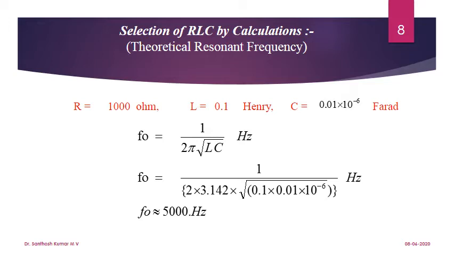If you substitute the values in the formula, F naught equals 1 by 2 pi root LC, so F naught equals 1 by 2 into 3.142 into root of 0.1 into 0.01 micro, that means 10 raised to power minus 6. The value of the theoretical resonant frequency is approximately 5000 Hz, based on which we will select the values from the AFO.